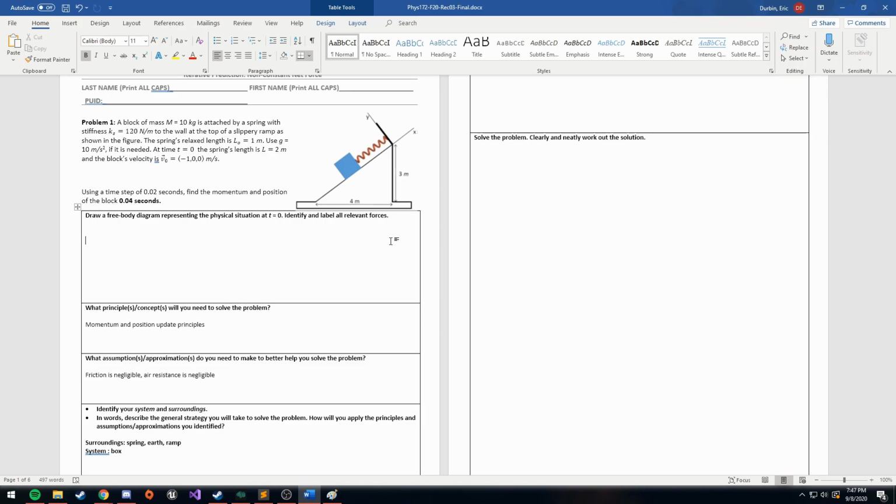So you take both those into account for the FNet. The spring is exerting 120 newtons on the block. Yeah. And are we saying that gravity is expressed in newtons? Yeah. Right. Okay.